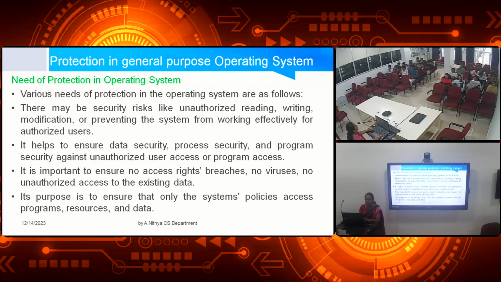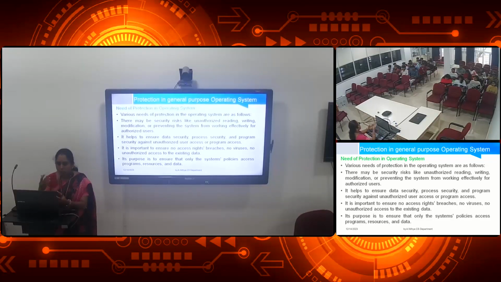So, the need of protection in an operating system. Now let us see how we are going to protect our operating system. If we want to protect our operating system, we have to give some access to the user for reading, writing, or read and write, or listing some files in your operating system.